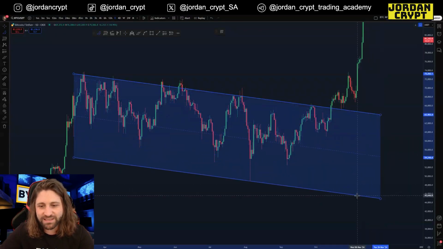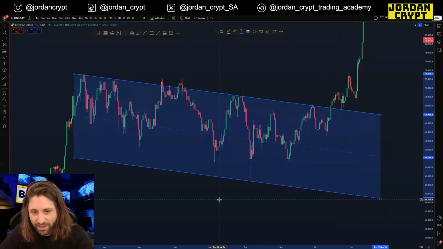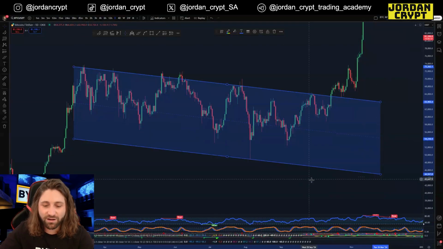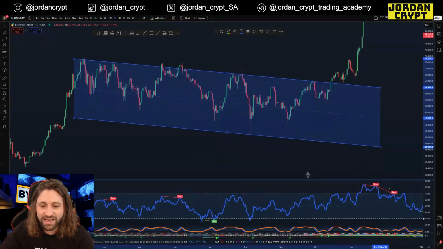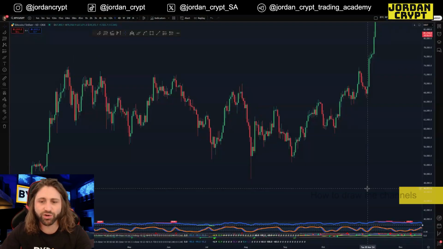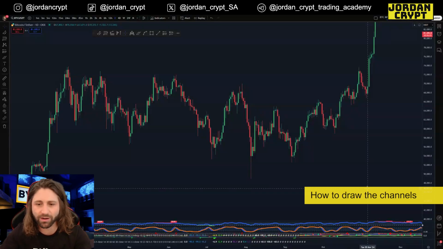As you can see, it is extremely easy to draw in. It takes 2 seconds. And remember, always confluence. Always try to use another indicator such as your RSI for confluence of your trading when you're using a parallel channel.